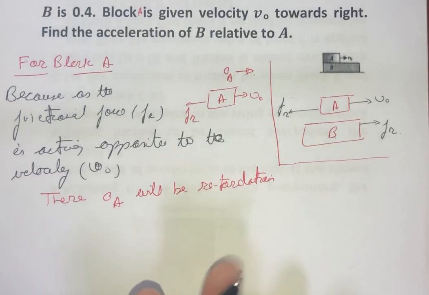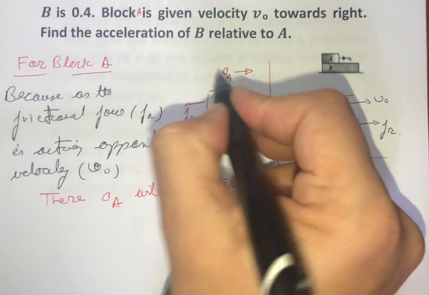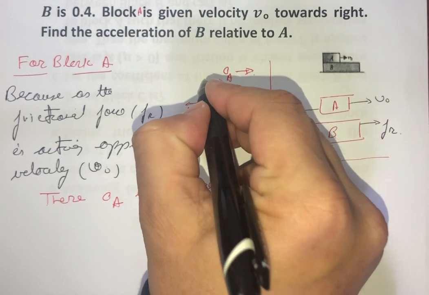And there will be mg in the downward direction, and let us suppose there is normal NA in the upward direction.